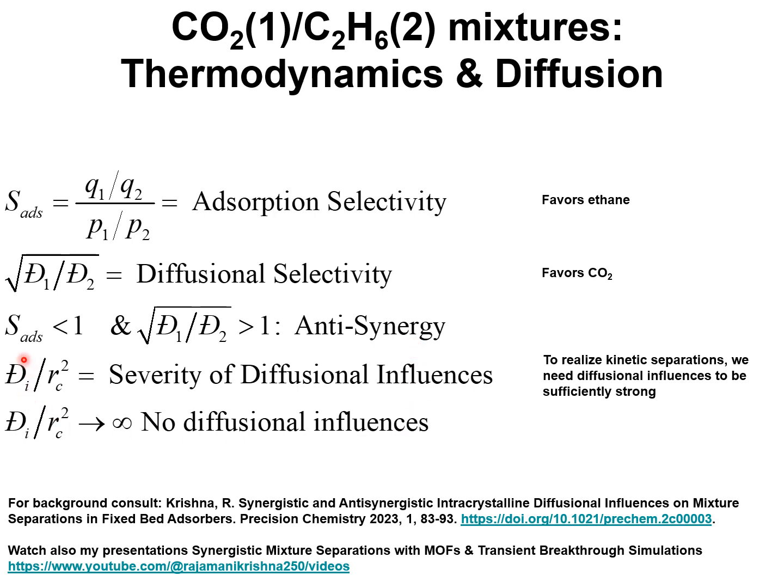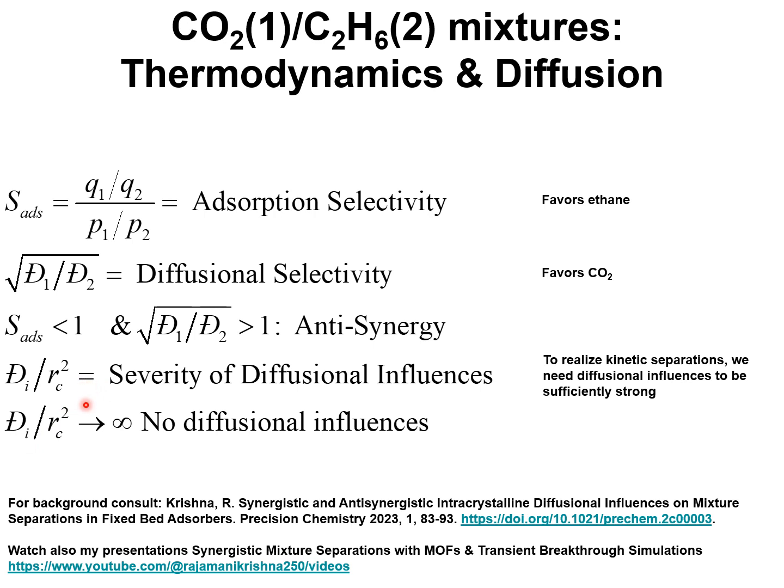There is another parameter that is relevant to describe separations in fixed bed adsorbers, and that is the ratio of the Maxwell-Stefan diffusivity to the square of the crystallite radius. This is often called the diffusional time constant. This parameter quantifies the severity of diffusional influences.